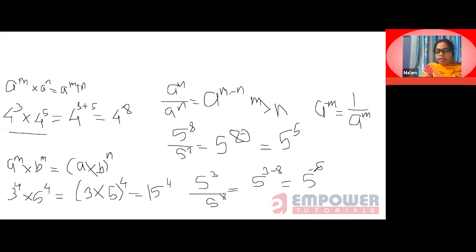So when you have 5 raised to minus 5 and want to convert it to a positive exponent, you write 1 upon 5 raised to 5. What if I have something like 1 upon 5 raised to minus 5? I can also write it as 5 raised to 5. So you have to take the reciprocal of this.